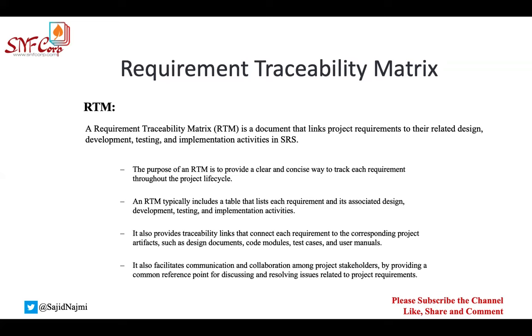So there are two different documents, and these two documents are interlinked with each other. If you are in your Excel and you see one of the requirements, you can easily go back to the SRS, to that particular section specifically, and see what change you are making there with respect to design, development, testing, or anything. This will be easy for you.